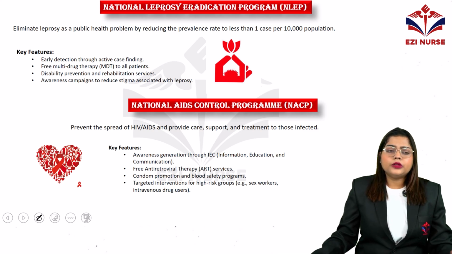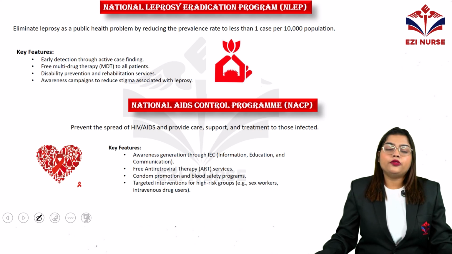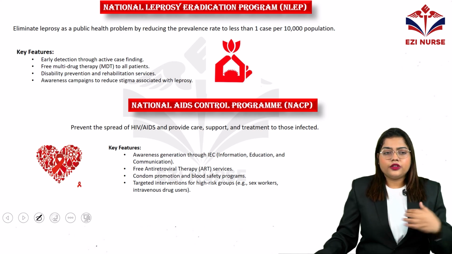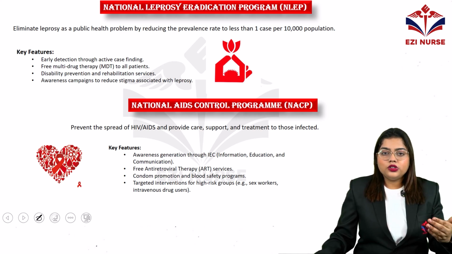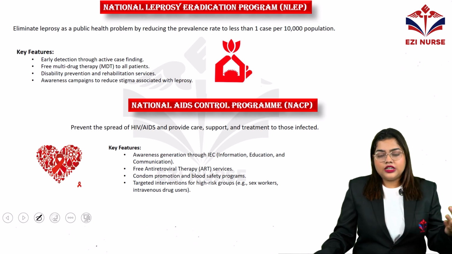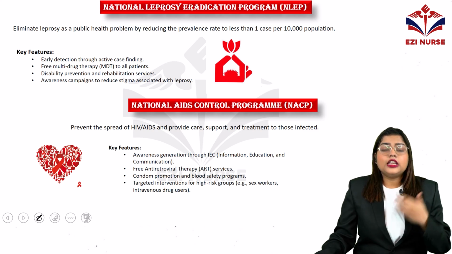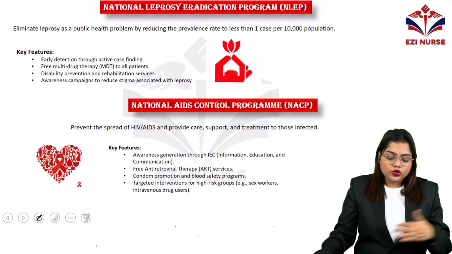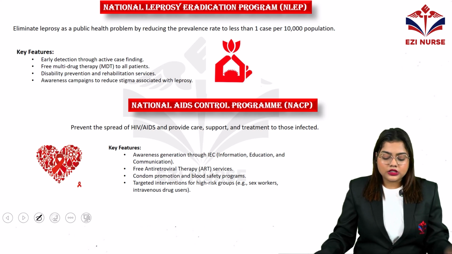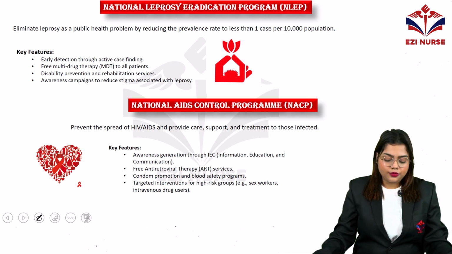Okay, some precautions we should take, but we should not avoid that kind of people or show any kind of disrespect to them. So these key features are present in the National Leprosy Eradication Program.